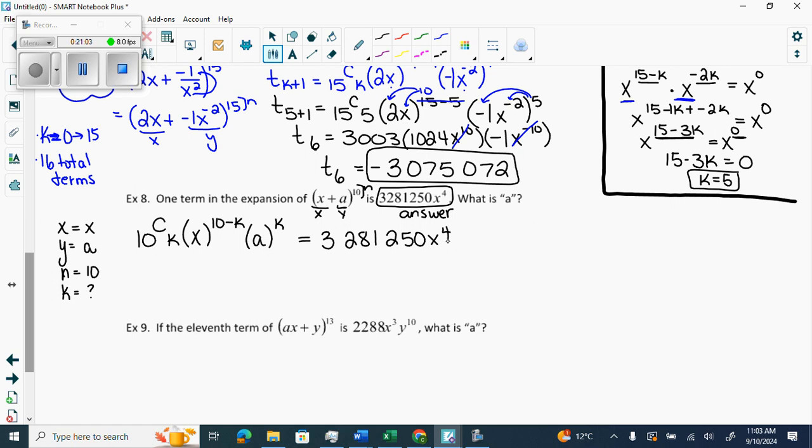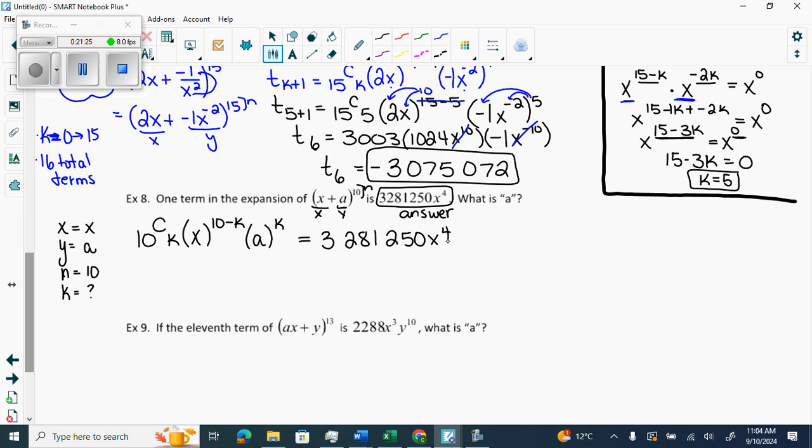That answer hints to us what k should be. Does anyone know what k should be by looking at that answer? 6. Why? Someone said that. Who said it? I heard a 6 whispered. It is correct. Yeah, so we need the 10 minus the 6 to get us that 4, right?